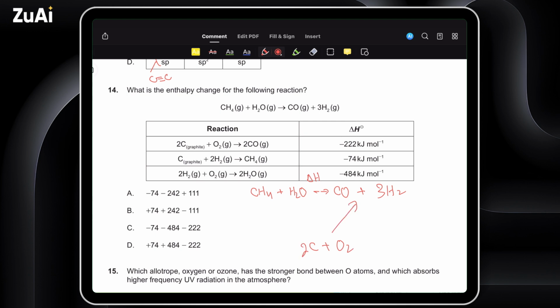This to form 2 carbon monoxide. It forms 1 more carbon monoxide, and carbon plus hydrogen to form methane, and 2 hydrogen plus oxygen, they form water. Is there water there? Yeah, so water is also there.